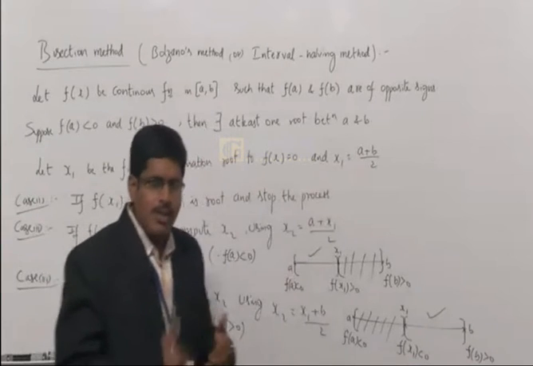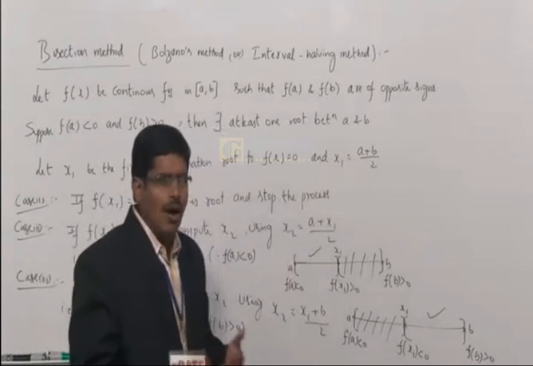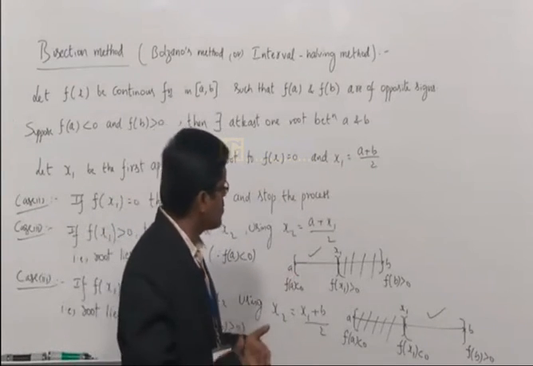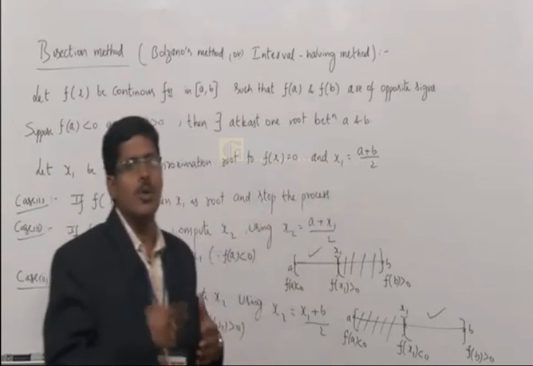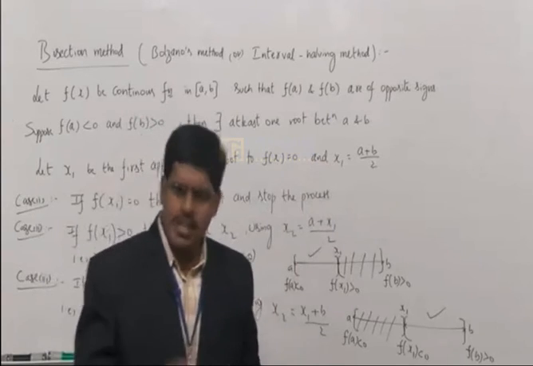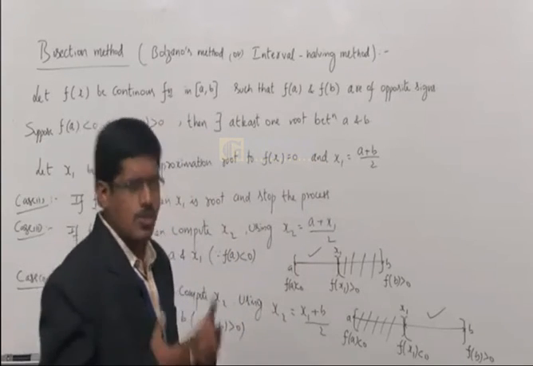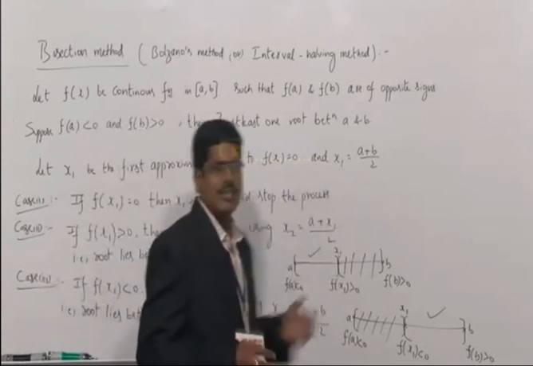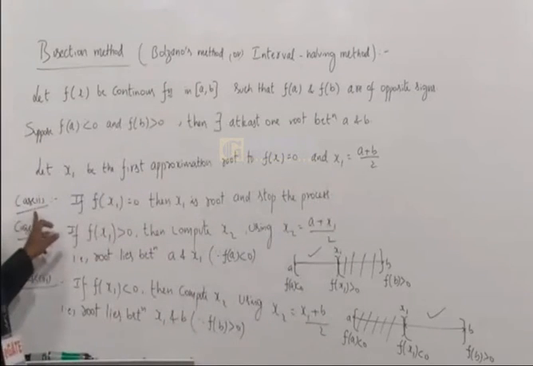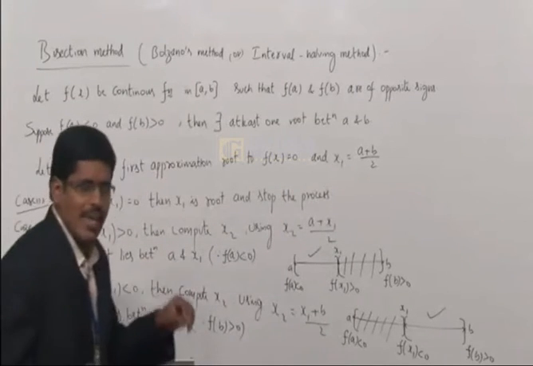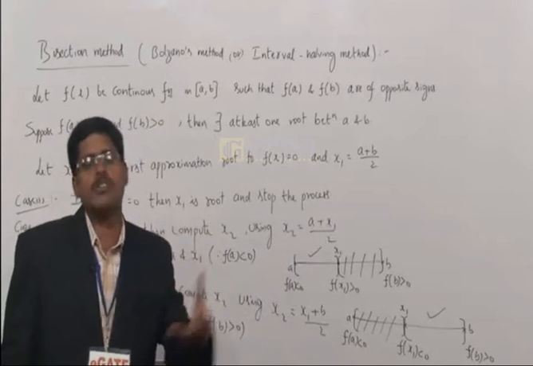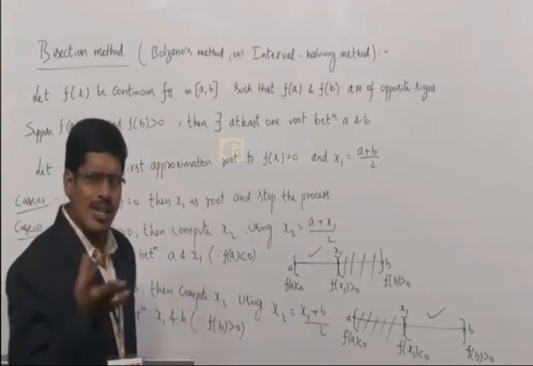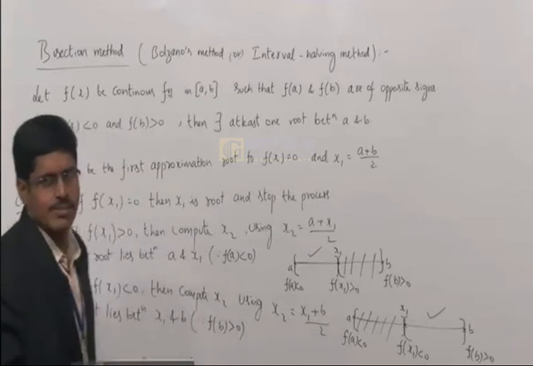By finding all these x values one by one, you will be getting x values one by one. Where do you stop? I will tell you the procedure. Once you get the first root approximation by this, there are three cases. Whenever you get an x value, the latest iteration or latest approximation, immediately substitute that x value in the function f(x).